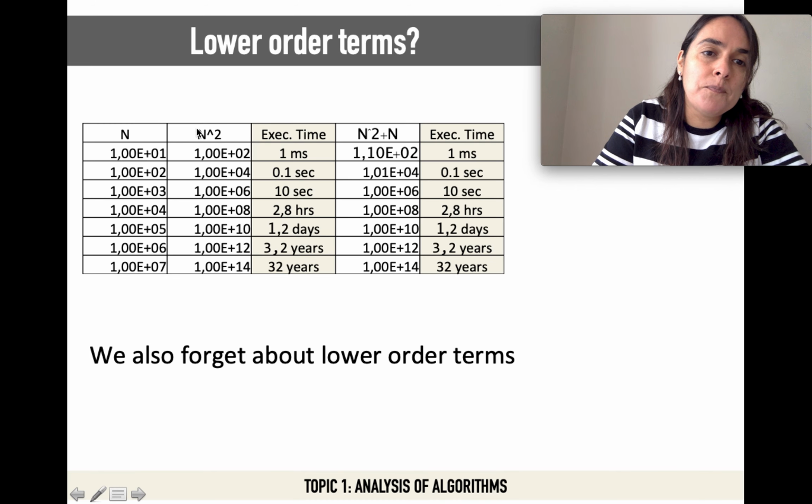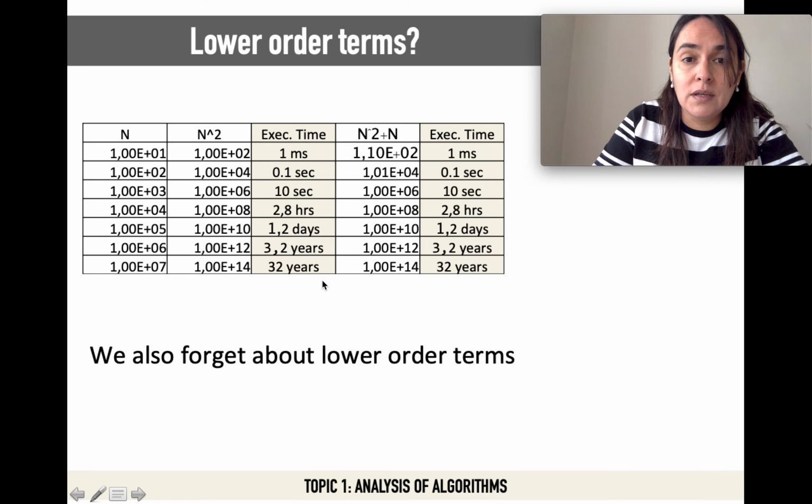Let's say that we have one function for the time that is n squared, and we have another algorithm whose function for the time is n squared plus n, and this is a lower order term. If we calculate this for these different values of n, you will see there's no difference at all. This value is so small compared to this that we really don't need to worry about it. So in summary, we are focusing on comparing algorithms, not on calculating precise execution times.